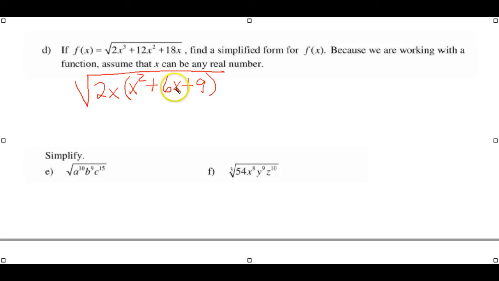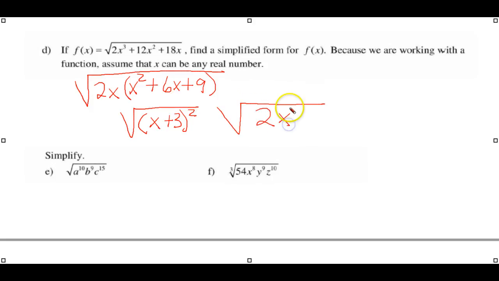Now, do you see here that this is a perfect square trinomial that we now will factor into two parts? This factors into x plus 3, the quantity squared, and this is what doesn't factor at all anymore.